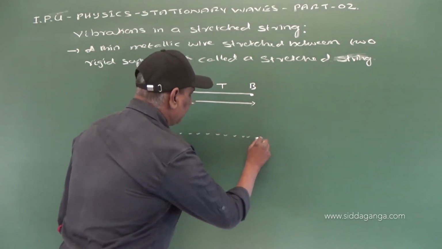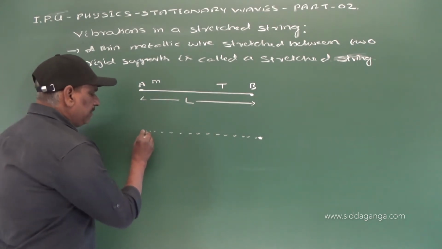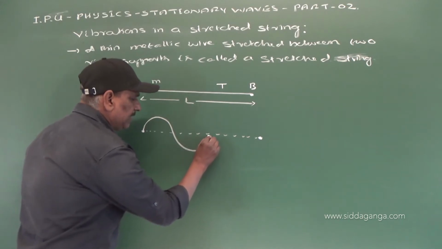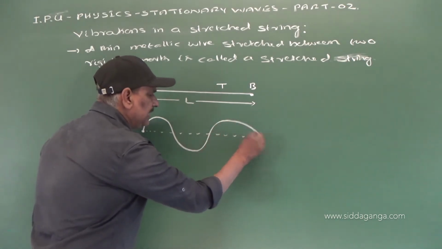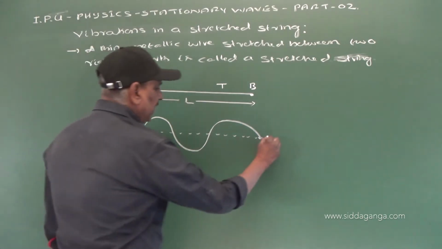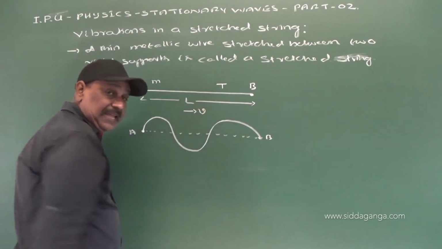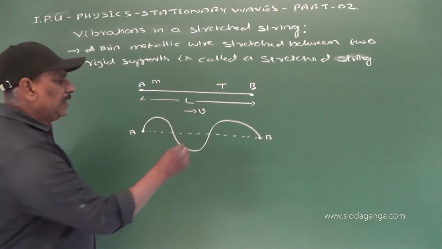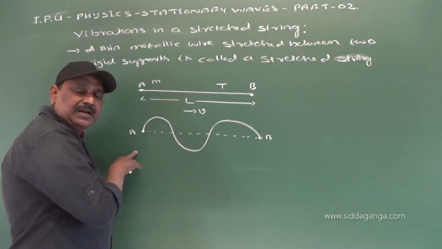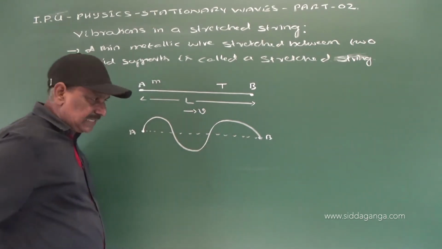This is the previous position of the string before plucking, and now a transverse wave is generated in the string like that, and it travels from A to B with a velocity v. This velocity v is the velocity of the transverse wave traveling along the length of the string.